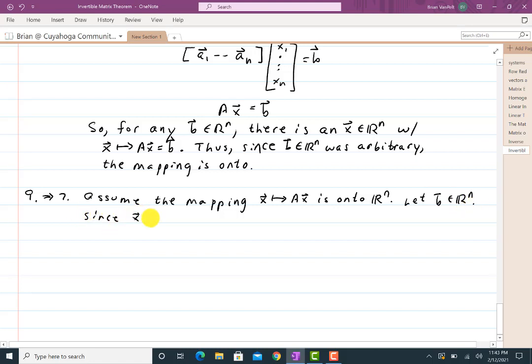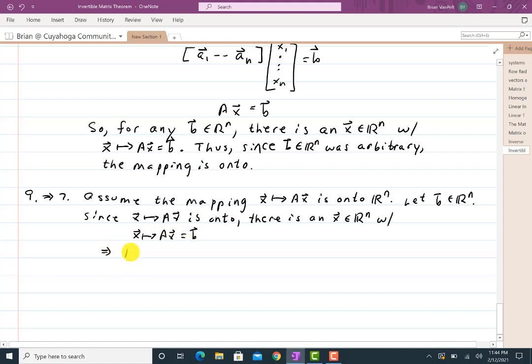Since x to Ax is onto, there is an x in Rn with x goes to Ax equals b.